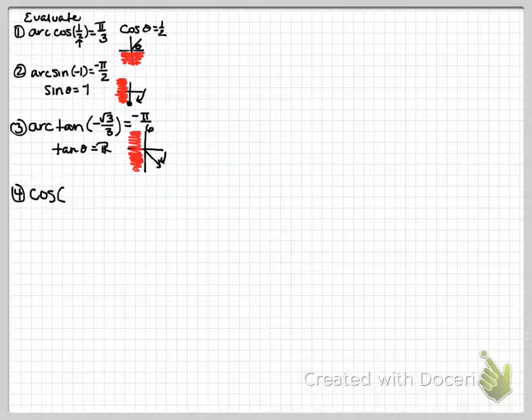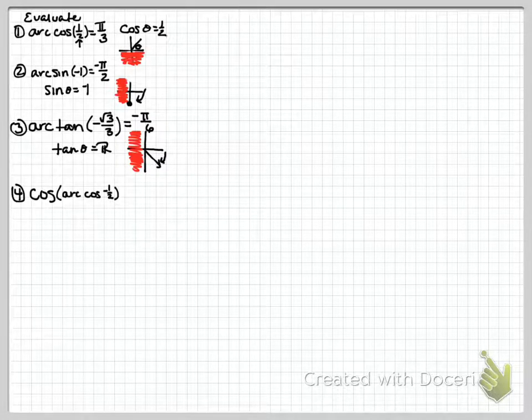So let's start with the cosine of arc cosine of negative 1/2.